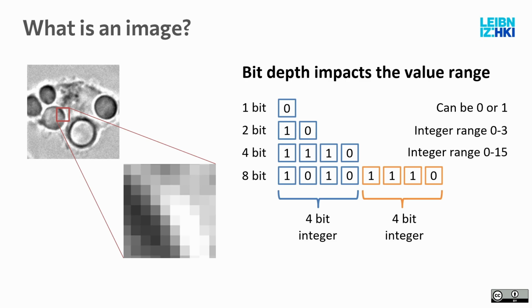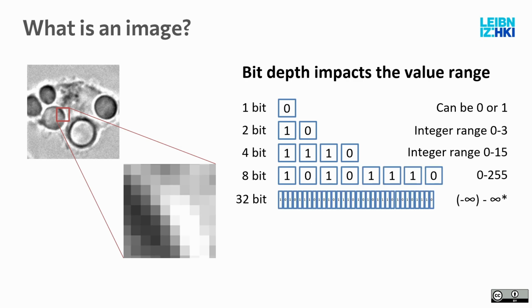We can also tell the computer, okay, please take these whole 8 bits, half of them, and say the first 4 bits encode something different than the other half of 4 bits. So it's now a two-channel image where we have numbers from 0 to 15 that can be represented in one pixel. And this will be a bit important later on. This is just an example. No one does it like that with 8 bits.